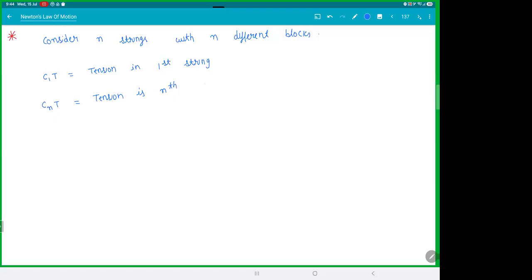They can have any numbers, anything. So Cn is the coefficient of tension of the nth string. Similarly, let Mn be the mass of the nth block. An be the acceleration of nth block.